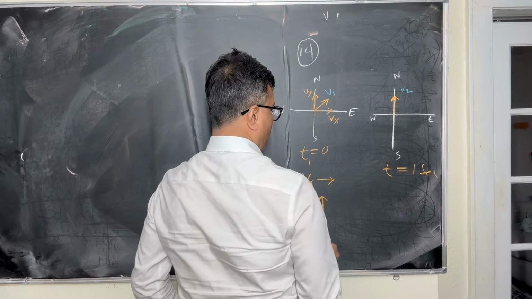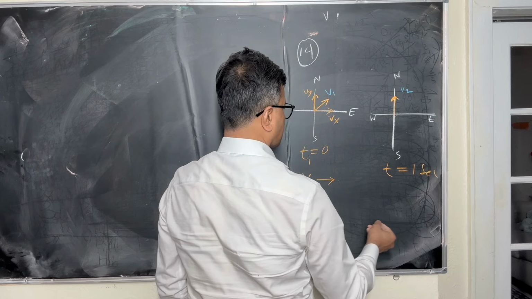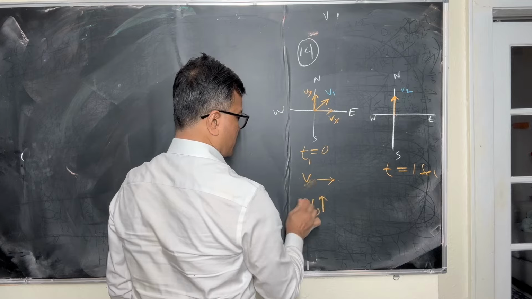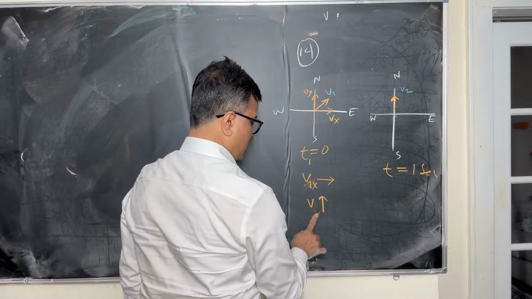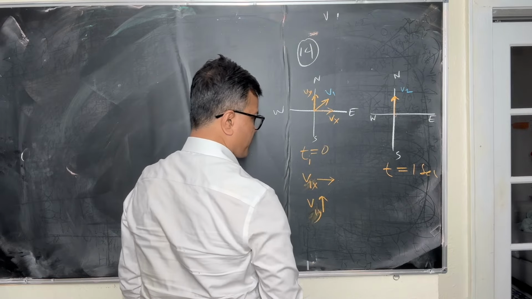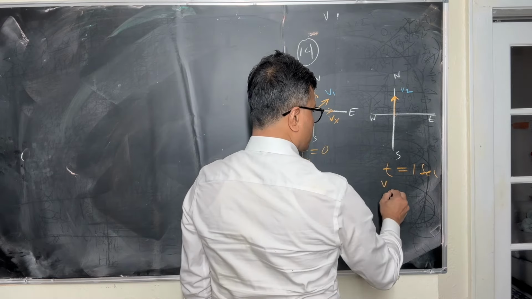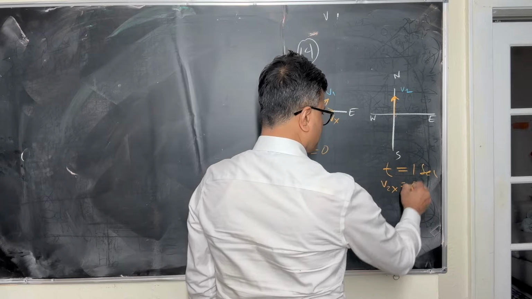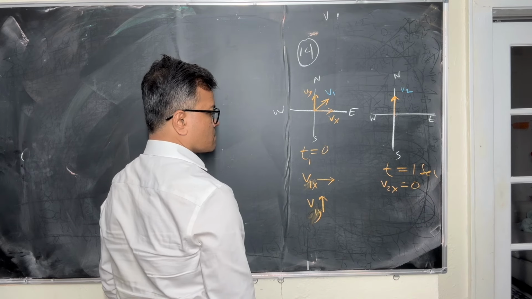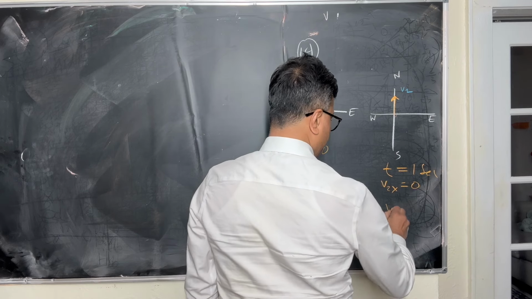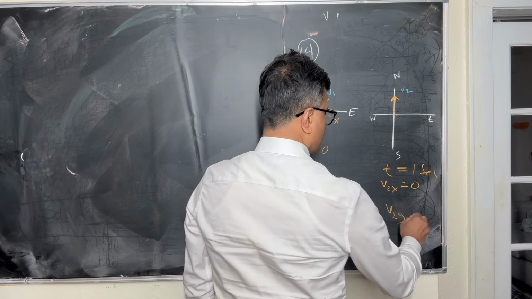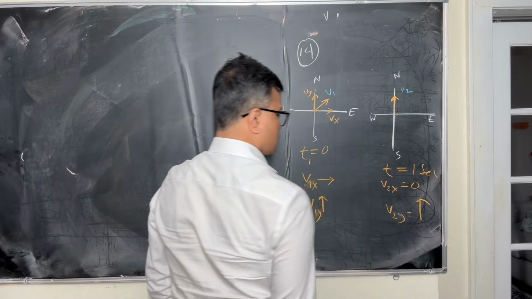So this is v1x, this is v1y, this is v2x, which is 0, and v2y, and the whole thing is this one.